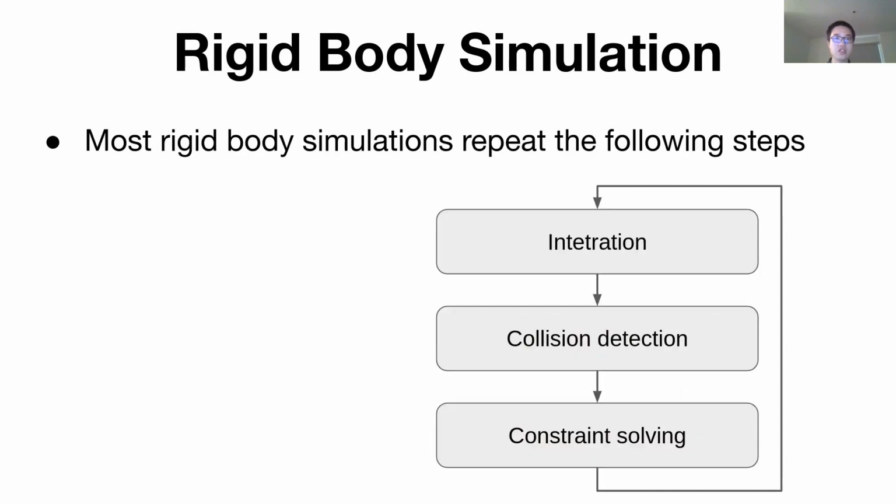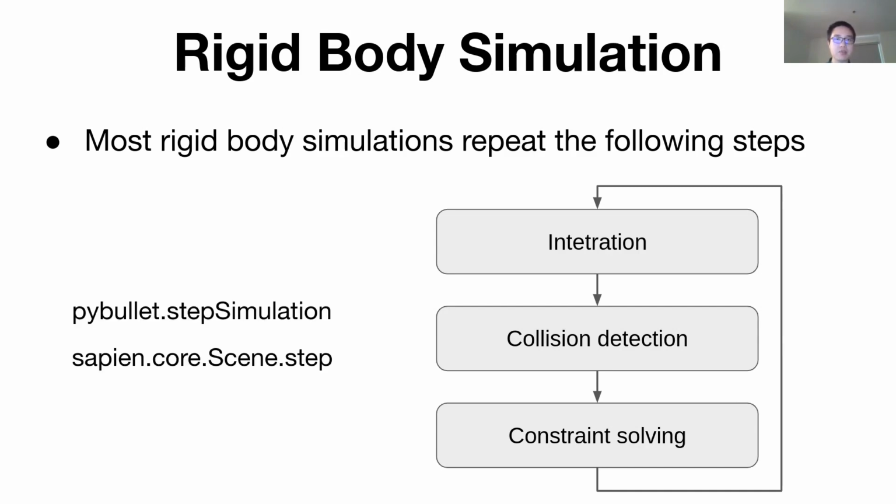In fact, most rigid body simulators repeat the following steps: integration, collision detection, and constraint solving. These steps happen within the step functions of simulators, such as the PyBullet stepSimulation function and the SAPIEN sim step function.